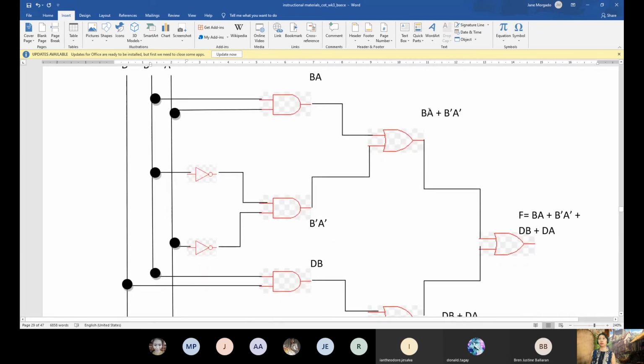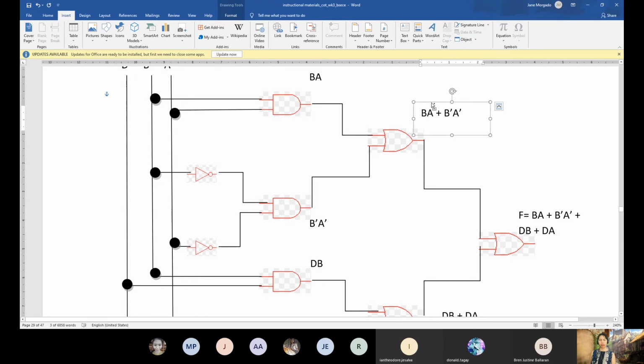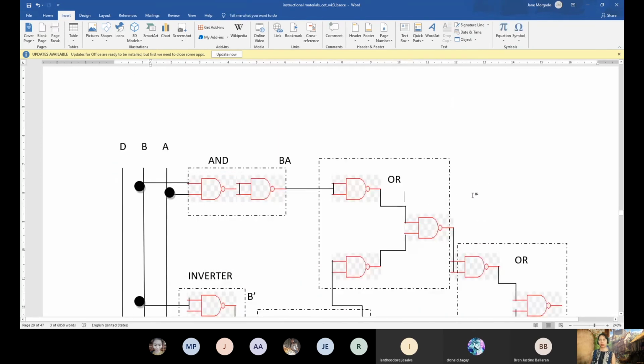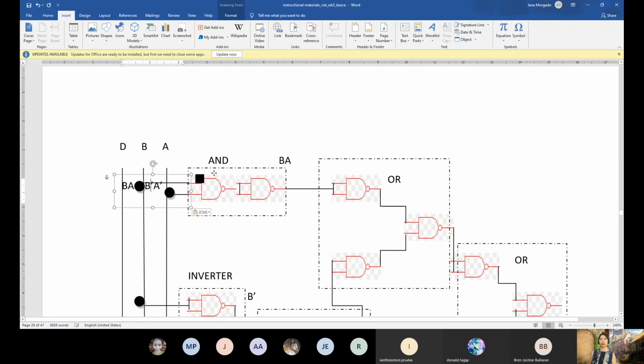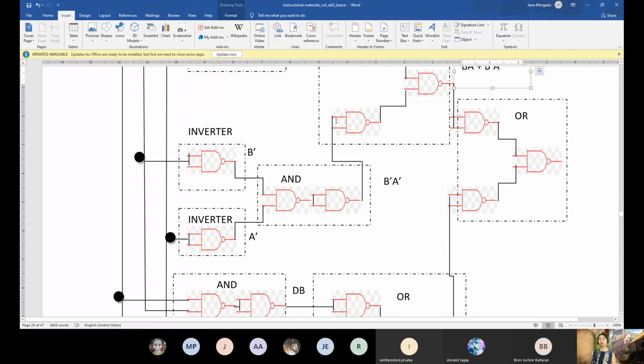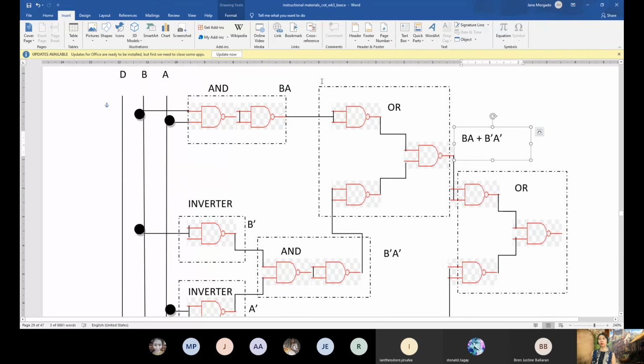Next we have to convert BA plus B prime A prime. We have an OR here so that we can have an output BA plus B prime A prime. BA is inputted here, and B prime A prime. This is the equivalent of OR using NOR.